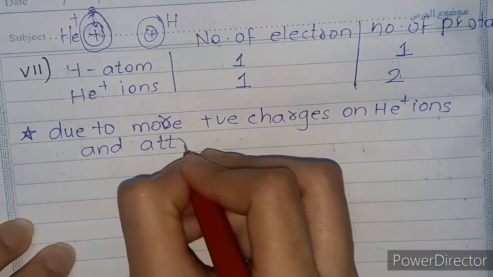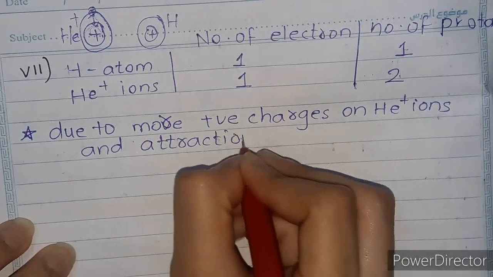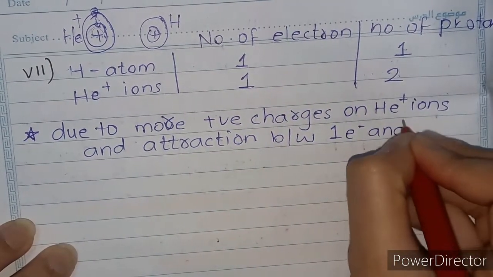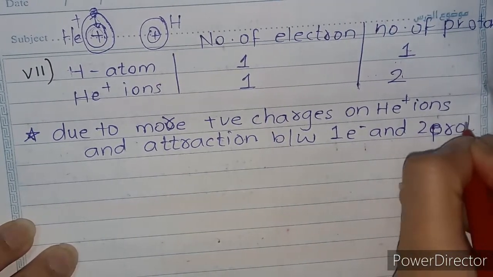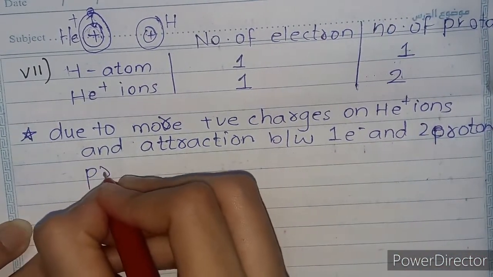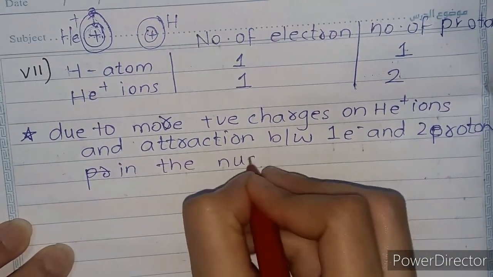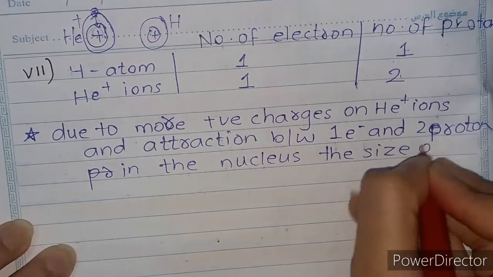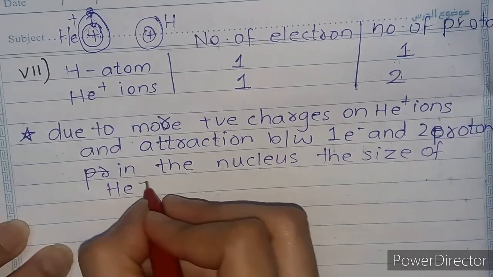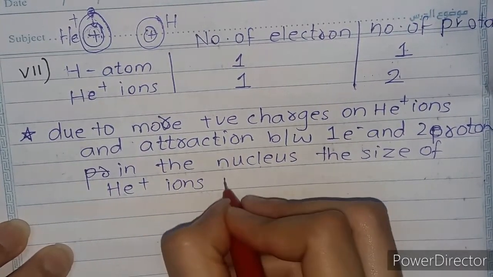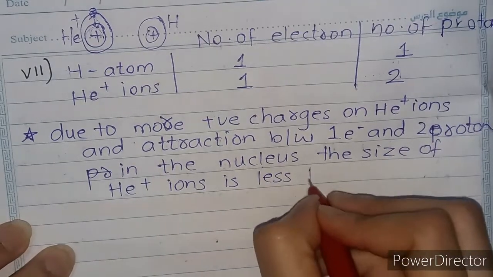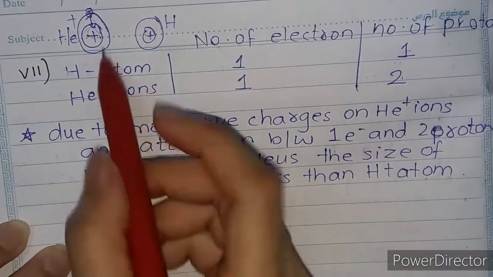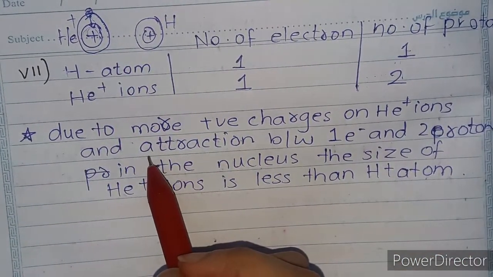Attraction between one electron and two protons in the nucleus. The size of He plus ion is less than H atom. So this is the reason. Now moving towards part 8.